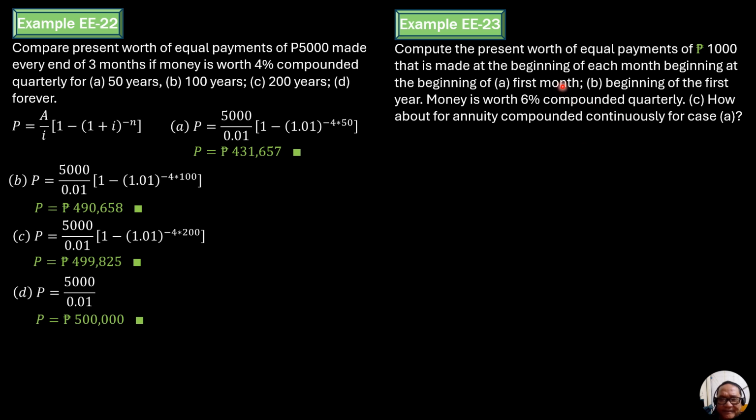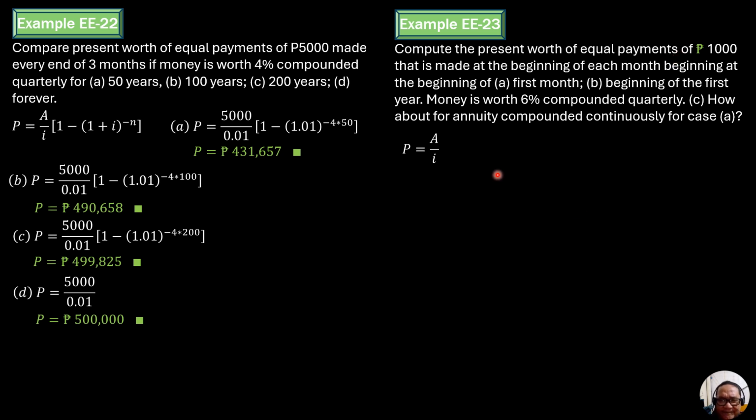But this one is an annuity due, beginning of the first month. So it is A plus the present worth of the remaining n minus 1 payments. How many payments here? So this is forever.